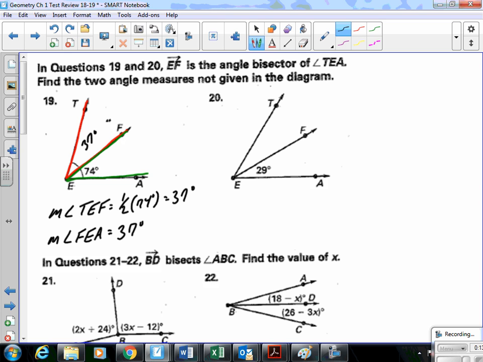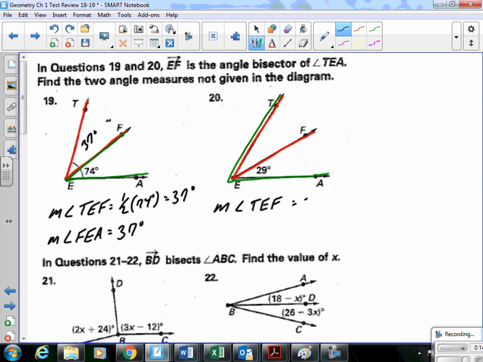All right, number 20. Notice in this case it doesn't have the arc going around here, so this 29 degrees is only for angle FEA. And so the angles we've got to figure out are TEF and TEA, the whole big angle. So just like we stated before, the measure of angle TEF should be the same as the measure of angle FEA.